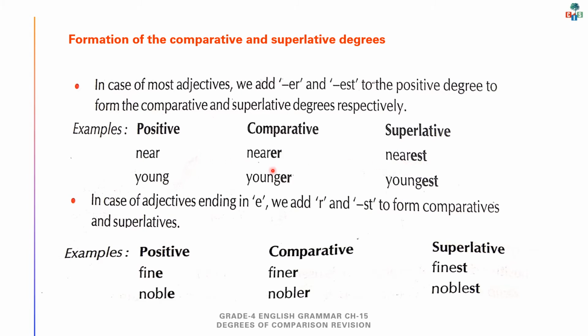Near, nearer, nearest. Young, younger, youngest. And if the positive degree ends in E, we just add R to form comparative degree and ST to form superlative degree. For example, fine, finer, finest, noble, nobler, noblest.